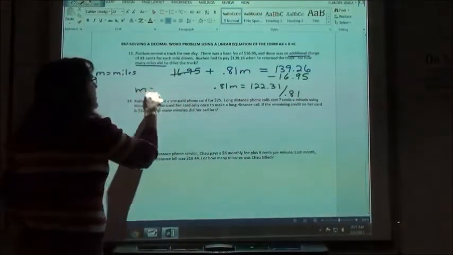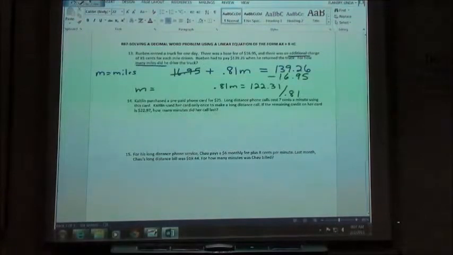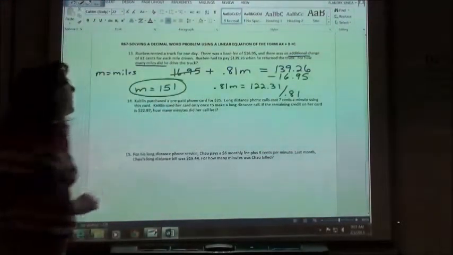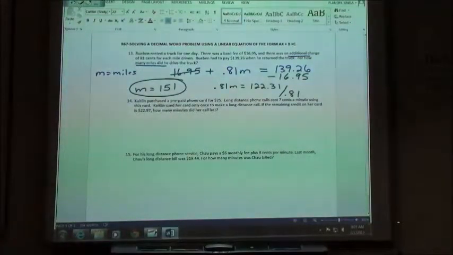How many miles did he drive the truck? That's 151. So 151 miles.